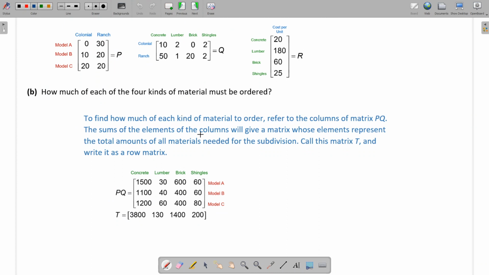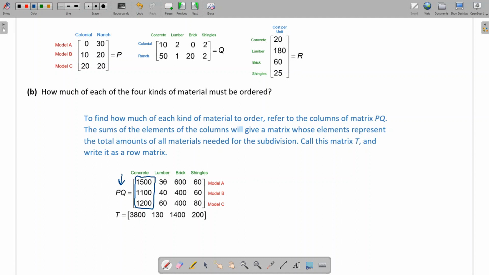Okay, part B says how much of each of the 4 kinds of materials must be ordered. Well, we can go back and actually use the matrix PQ that we already found in the previous step to answer this. This matrix gave us all of the materials for each individual model. So to figure out the total amount of concrete that we need, all we would have to do is add this column.